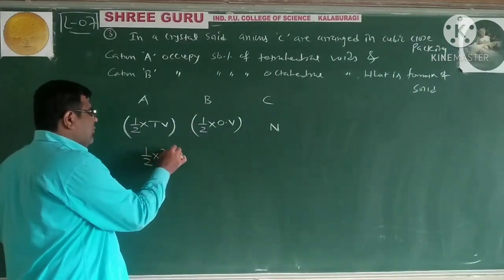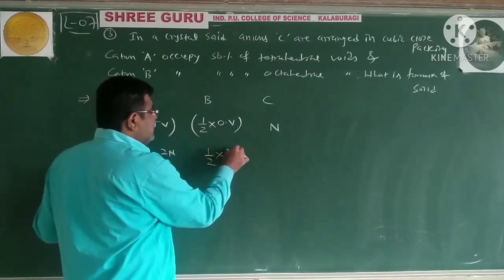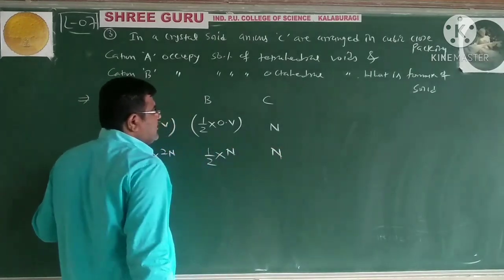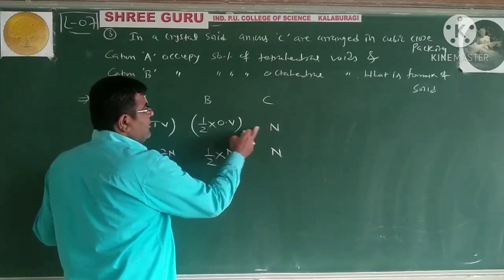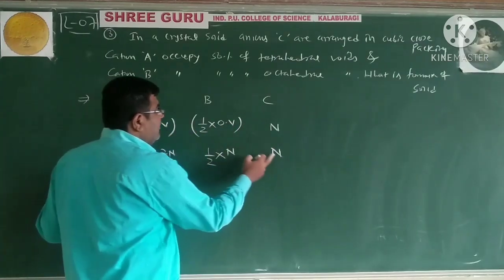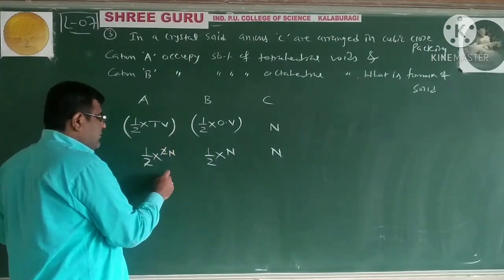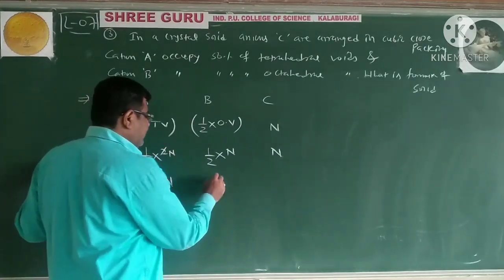Half of tetrahedral voids is 2N over 2, half of octahedral voids is N over 2, and C is N, because the number of octahedral voids is the same as the number of particles, and the number of tetrahedral voids is 2 times the number of particles.